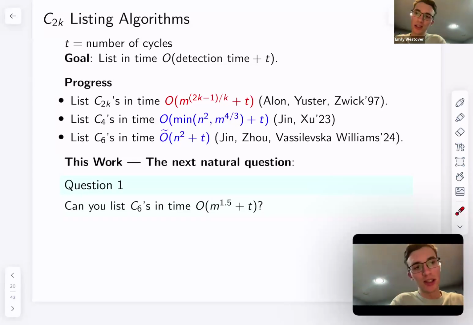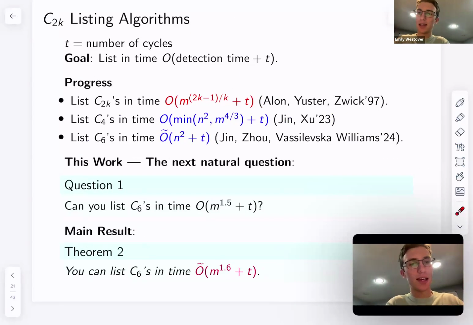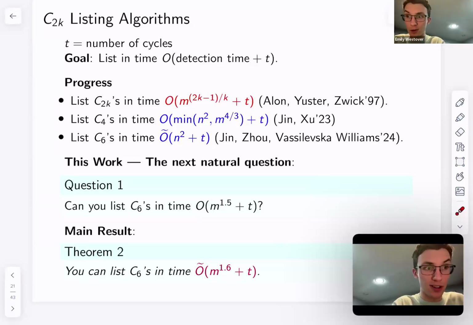So this was our question. I guess we thought about a lot of questions. Maybe we hoped to understand this problem more generally, but what we were able to show is that we got some improvement over the previous best known 6-cycle listing algorithm. So in particular, we got the exponent down to 1.6.